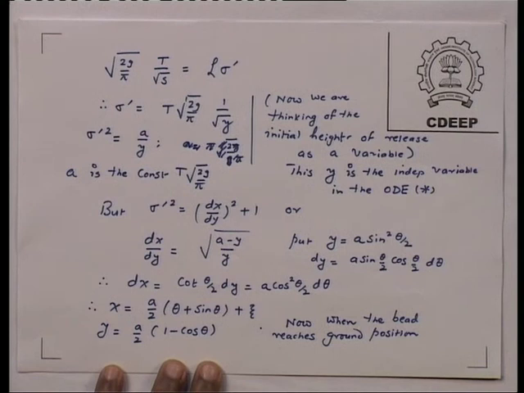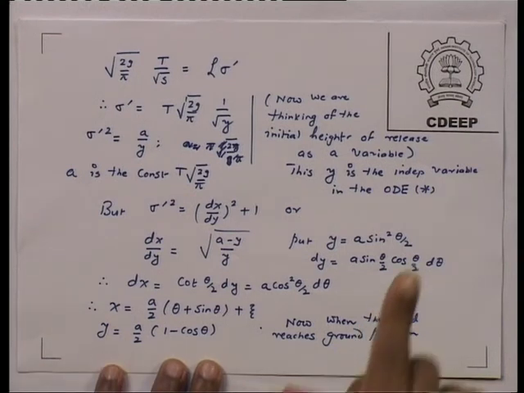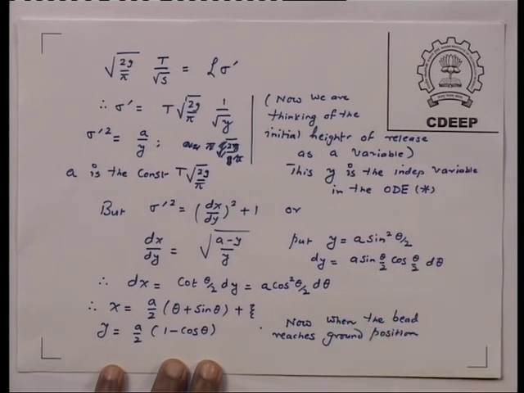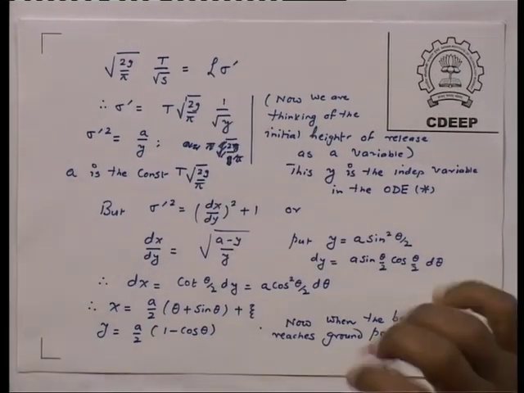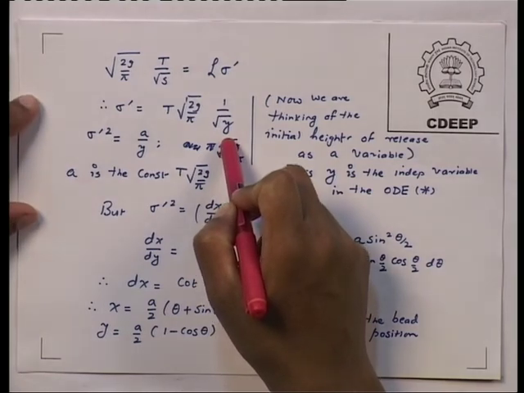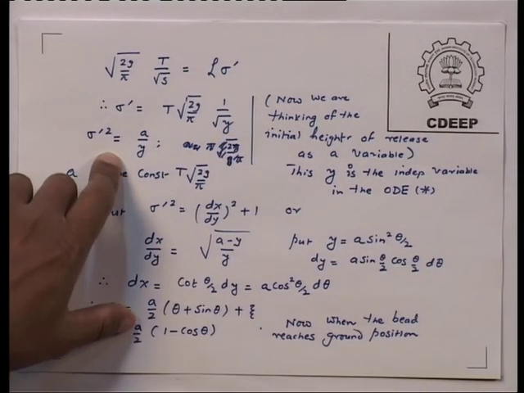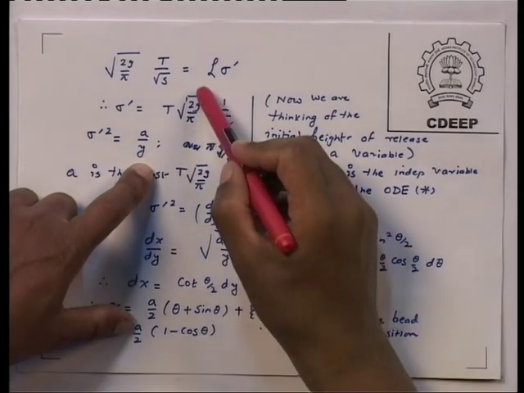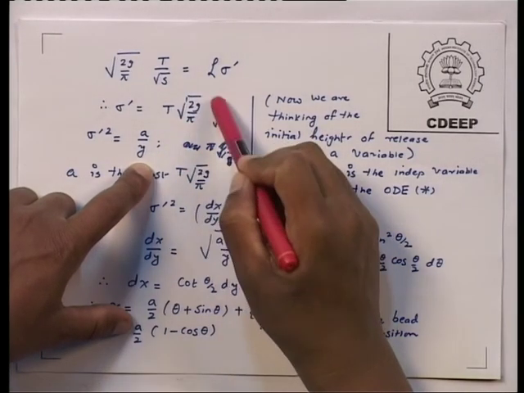What is the Laplace transform of 1 over root t? Laplace of 1 over root t is root pi by root s. So, after you do the algebra, there was a 1 over root s, so you have to calculate the inverse Laplace transform of 1 over root s, that is how you get the 1 over root y. So, you get sigma prime squared equal to a by y, where a is the square of this constant.